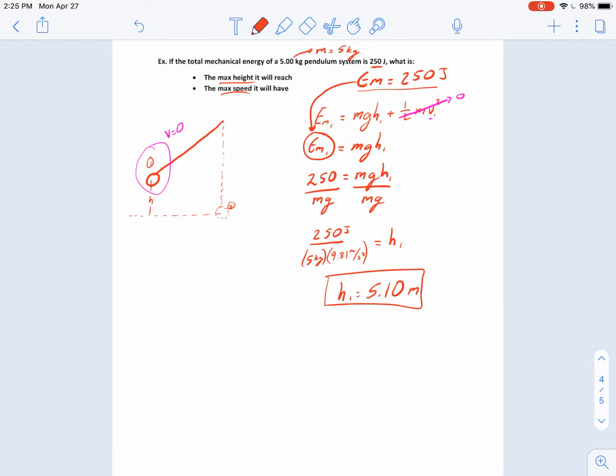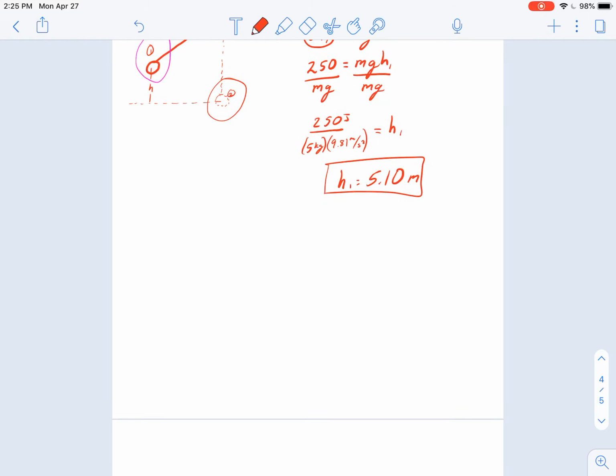Alright, now let's look at the maximum speed. We know that happens at position 2. So our EM2 is going to equal mgh2 plus 1/2 mv2 squared. Once again, at the bottom of a pendulum, there is no height, so this is 0.